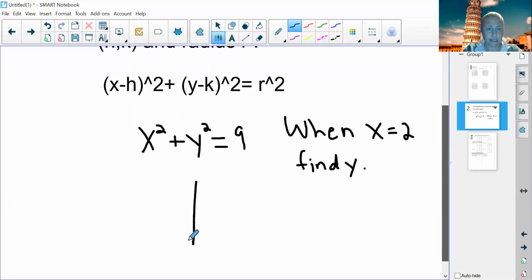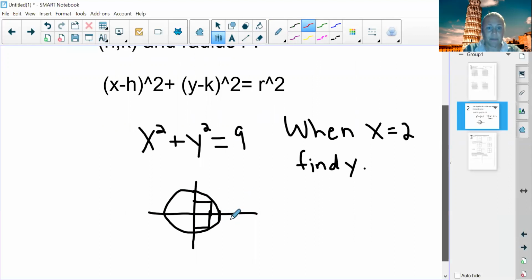When I graph this and look at the graph, when x is 2, I have a radius of 3, right? So here's 3, so 2 would be about right here. I'm trying to find y when x is 2. Well, it would be this y value and this y value. There would be 2 possible values of y when x is 2.